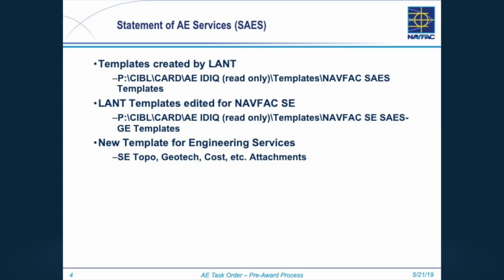Right now we are taking that 40-page template, and Ted is working on boiling it down to as few pages as possible so that it's the cover sheet that says, basically, we're doing in-house design, we need you to give us this data. So that should be available in the next week. That should make it significantly easier for about half of our task orders.